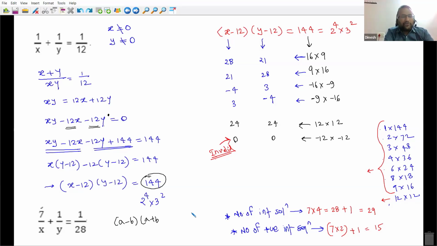The shortcut for factorization we will see later on. But first of all, let's solve the second question with the help of this basic method. 7 divided by x plus 1 divided by y is equal to 1 divided by 28. Let's solve this.